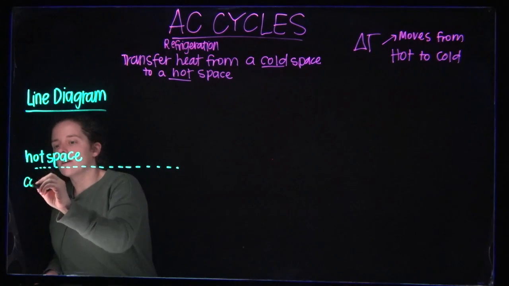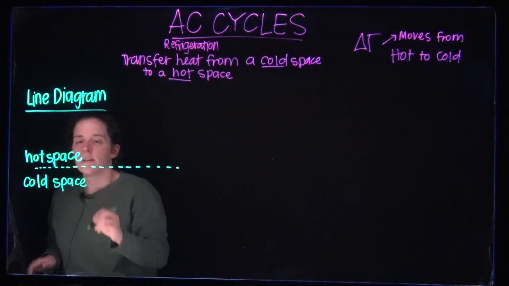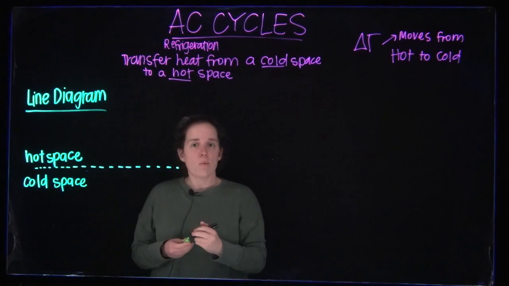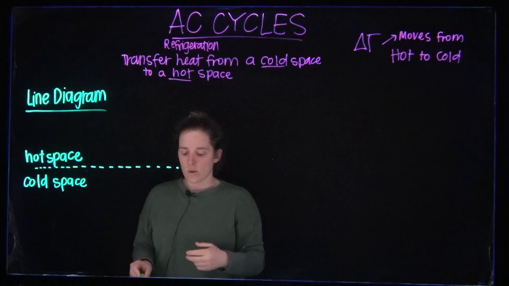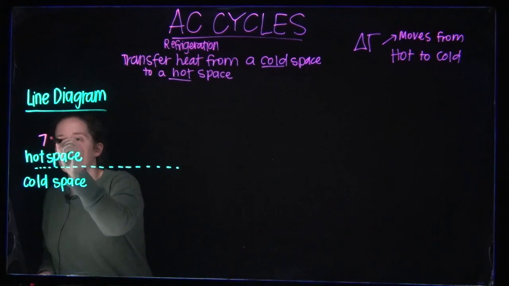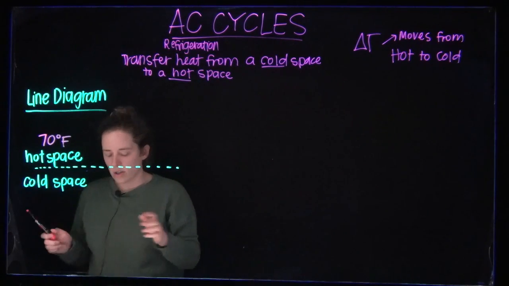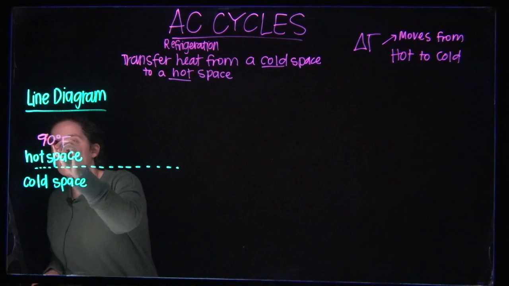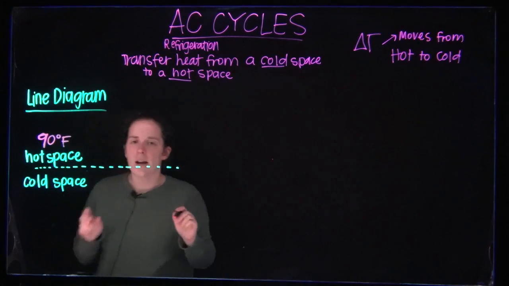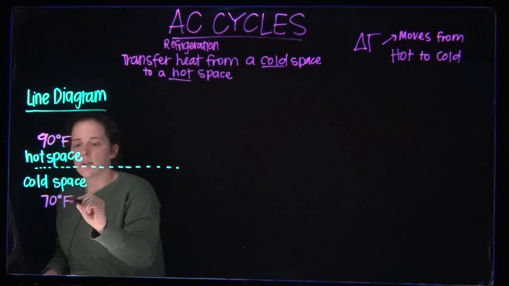And this is our cold space. And let's think about running your air conditioner wherever you live in the summer. Let's go 90. So it is 90 degrees Fahrenheit outside on a hot day, and you're trying to keep your house at 70 degrees Fahrenheit.